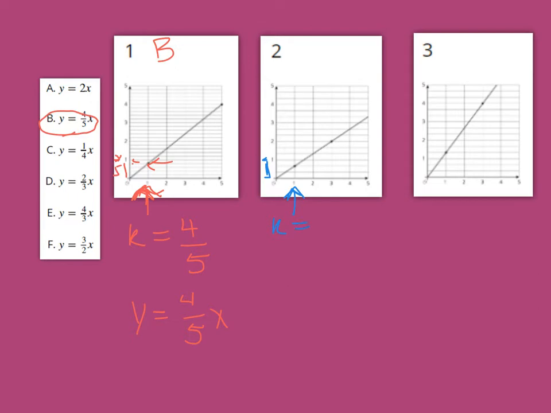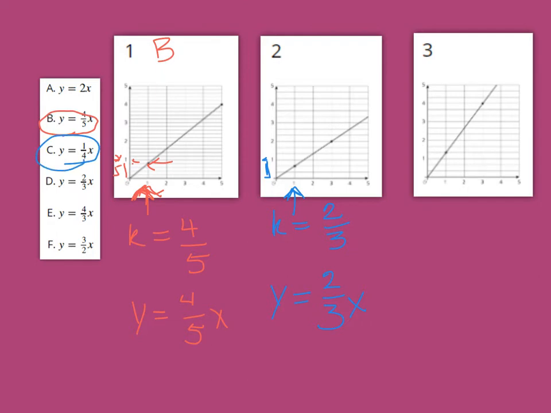So K would be equal to 2/3, because there's 3/3, and our point is at the second of those. So here our equation would be Y equals 2/3 X. And that, of course, is right here.